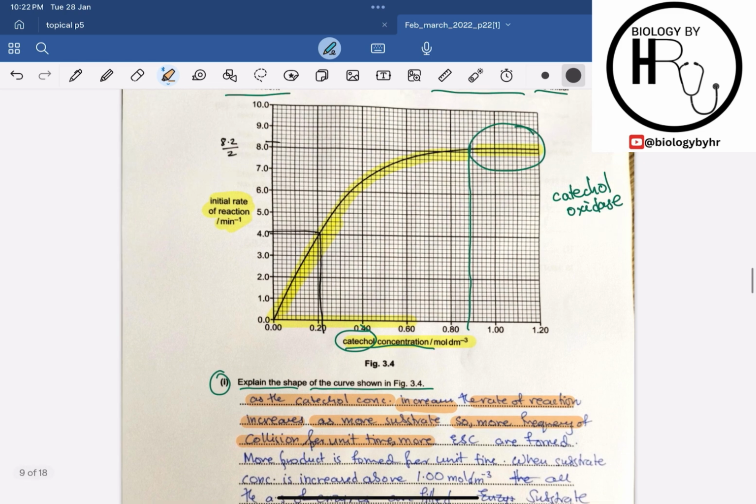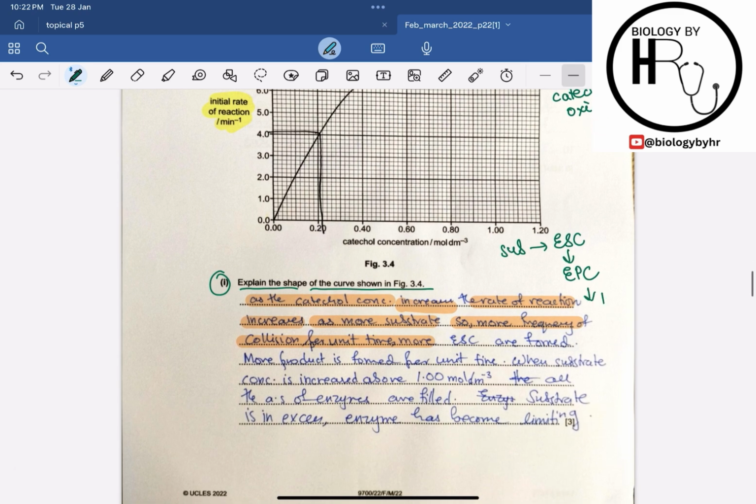Basically over here they are saying that as you are increasing the concentration of the catechol, the rate of reaction is also increasing. Why? Because more substrate is there, so more enzyme-substrate complexes are formed, and more enzyme-product complexes are formed, so more product is formed.